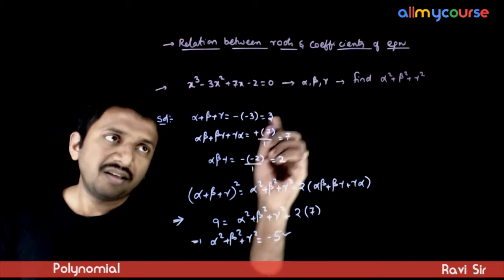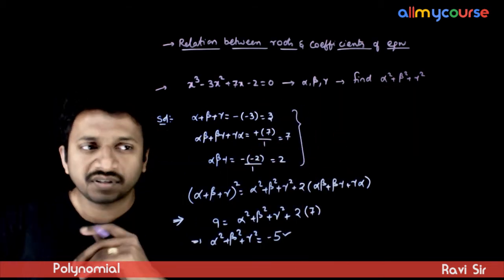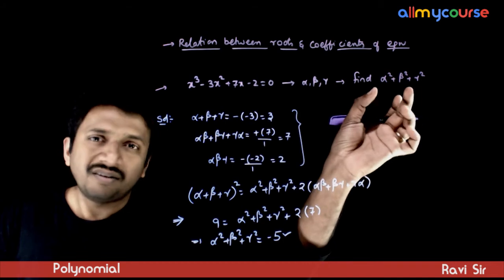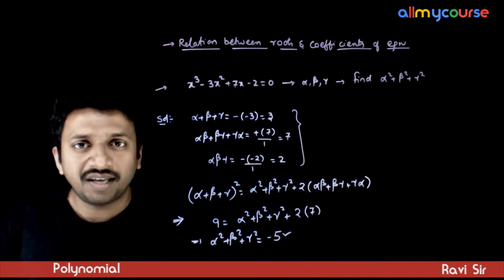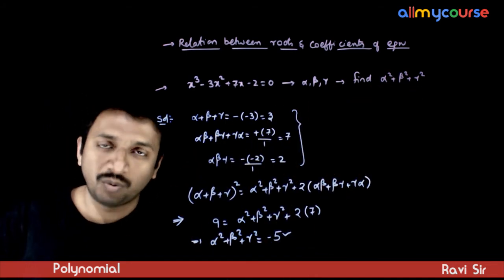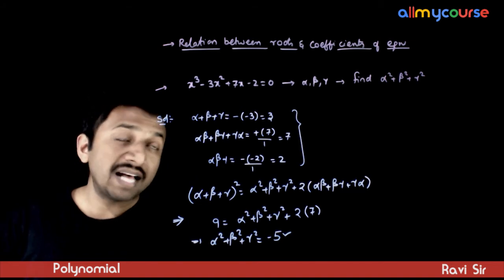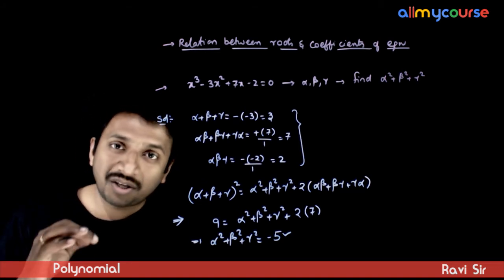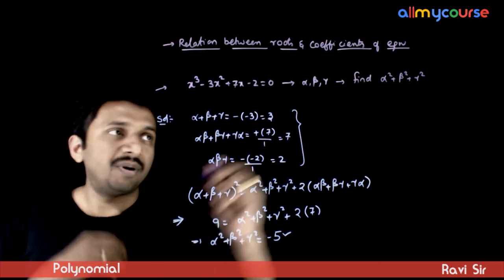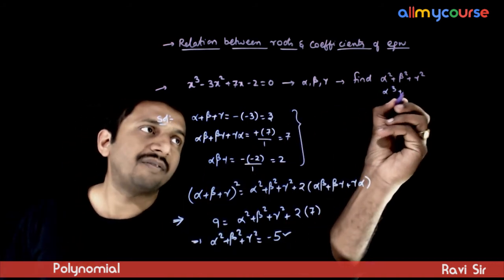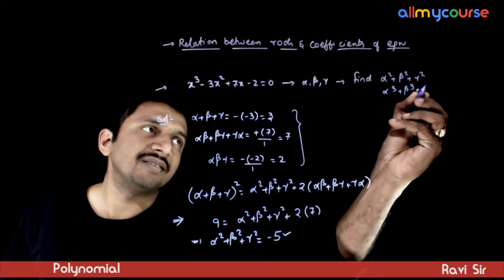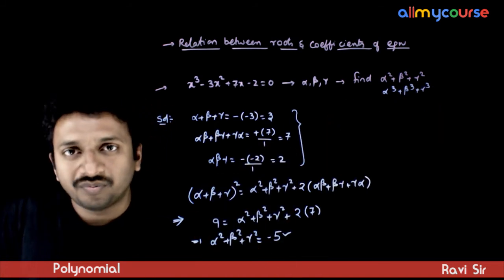So in this way, using the relations that we have, we can derive various expressions that can be formed using roots. So if you are asked to find alpha cube plus beta cube plus gamma cube, how do we do it?